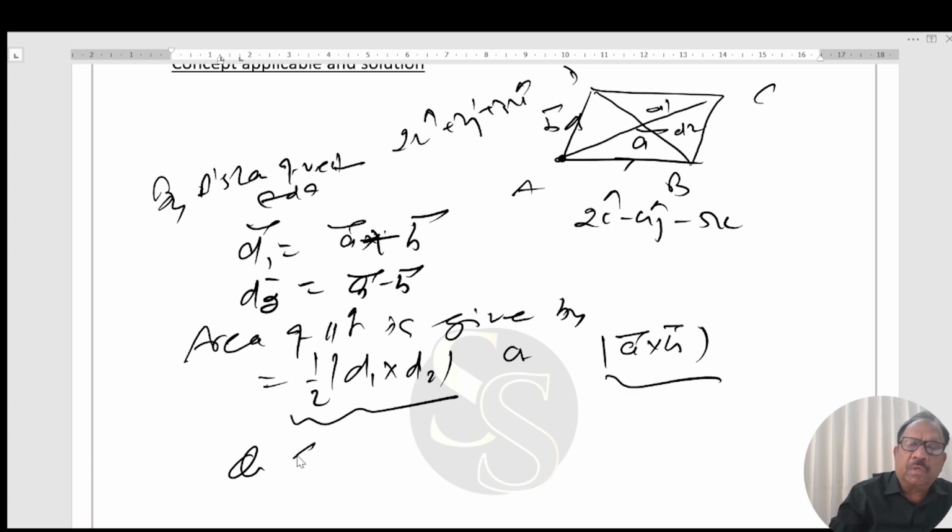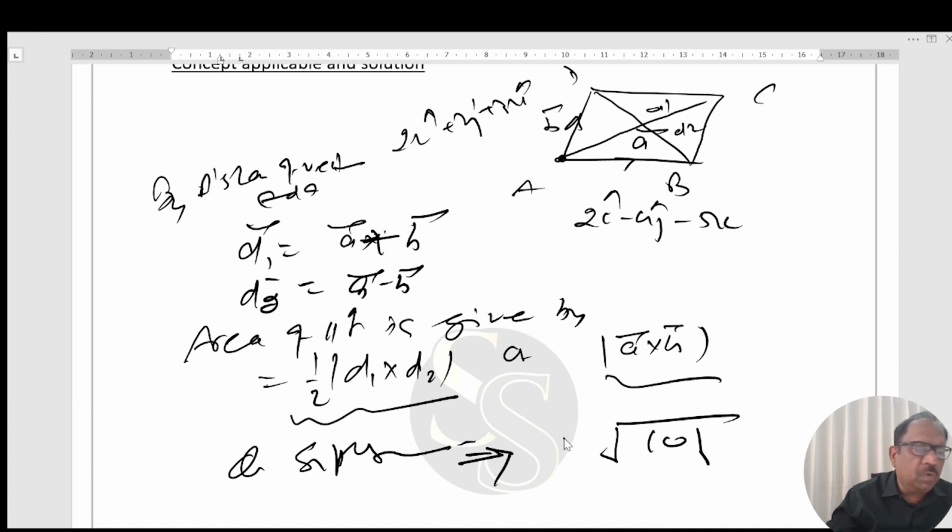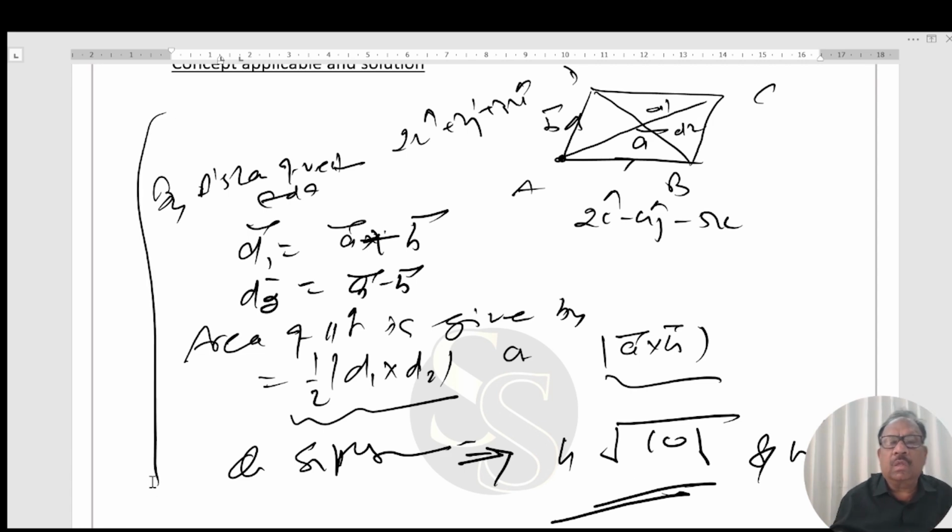On simplification, putting in the formula, we get the answer root 1014 square units. Simplify it and get the answer. My purpose was to clear the concept of taking the formula.